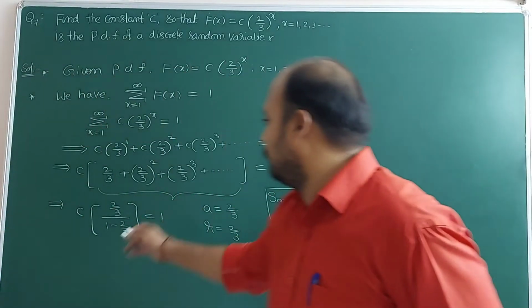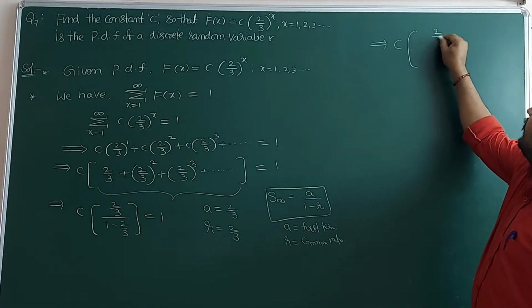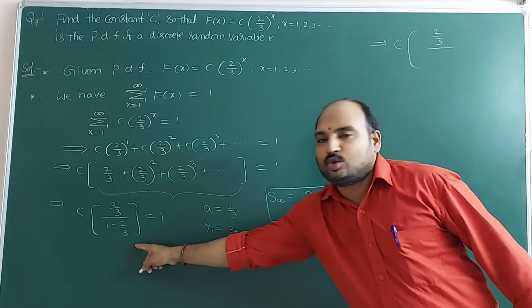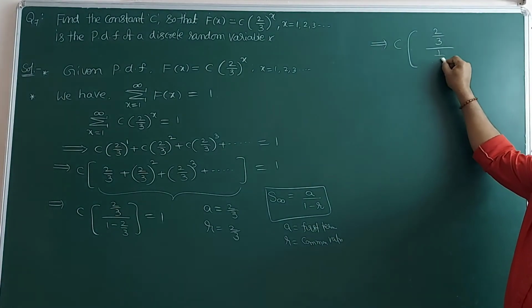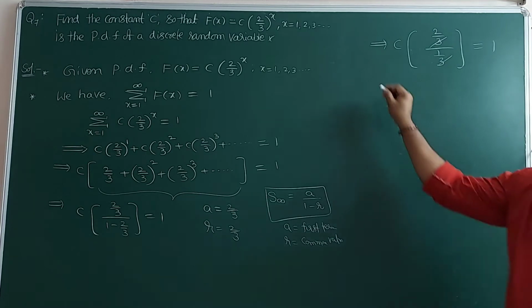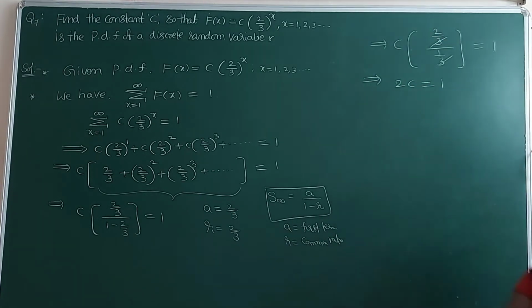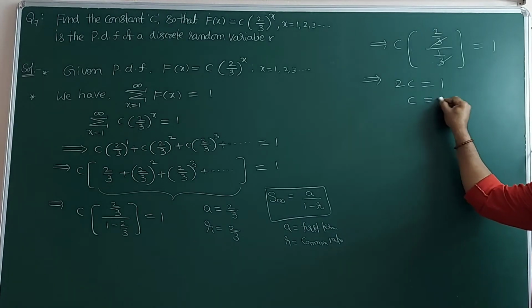So c into 2 by 3 divided by 1 minus 2 by 3, that is 1 by 3. So here 3 get cancelled, so 2c is equal to 1. c is equal to 1 by 2.